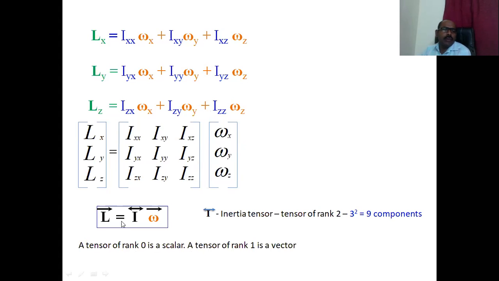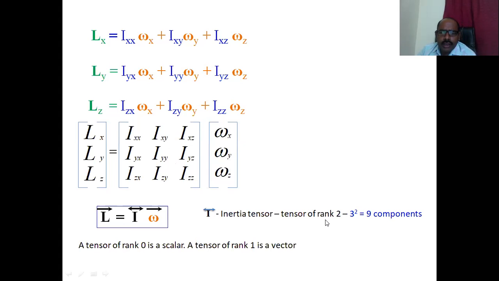So here L bar is equal to I bar into omega bar. The direction is given on both sides, over I. So this one is called a tensor. That means it possesses directions in more than one direction, so therefore it is called a tensor. If we see the inertia tensor, it has 9 components.